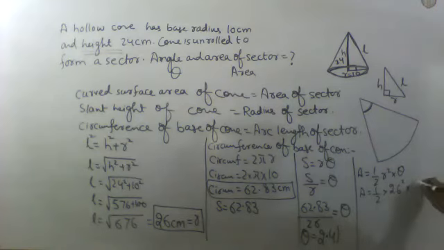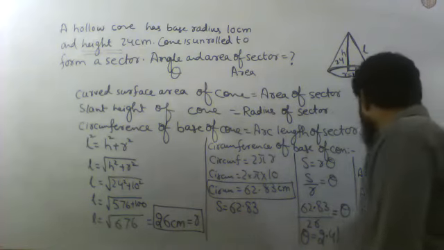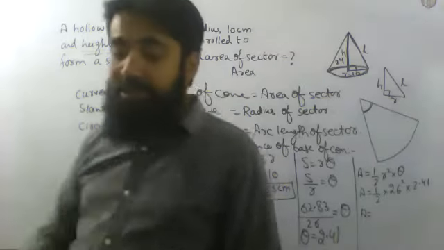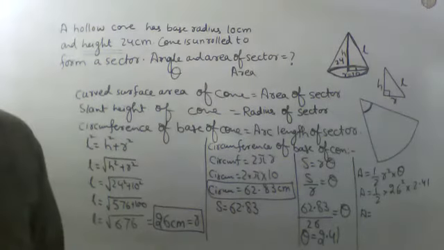Theta is coming 2.41. So first I will take the square of 26, then divide it by 2, and finally multiply by 2.41.